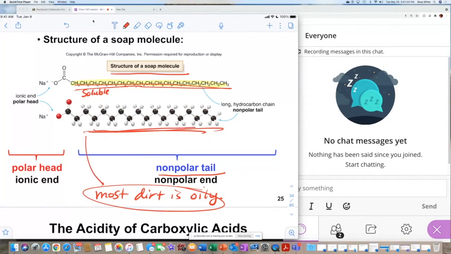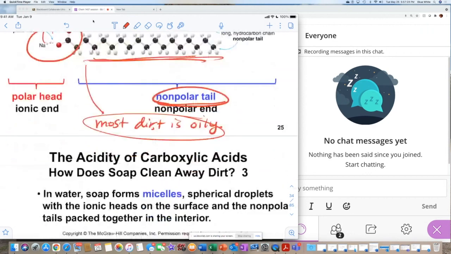And then once the dirt is trapped, it's sitting on your body just waiting for you to take a shower, to run the water. Once you run the water, because you have a polar end, the water can interact with the polar end or the ionic end and then wash off. See what the Maasai do, the dirt is trapped by the oily end and they just wipe it off. They wipe it off well.